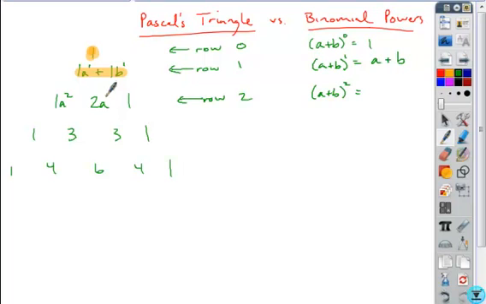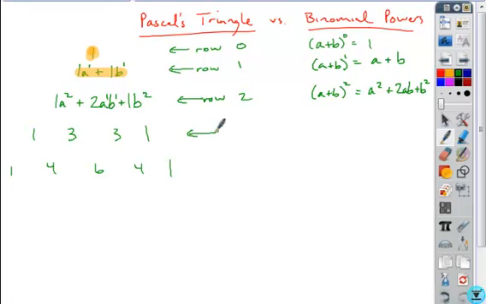A to the first, a to the 0, so don't even write it. Take our second term b to the highest power, the row 2, and as you move to the left, power of 1, power of 0. What you see right here is we get our expansion pattern to be 1a squared plus twice ab plus b squared. And that's exactly what we got when we FOILed this out in the previous slide.